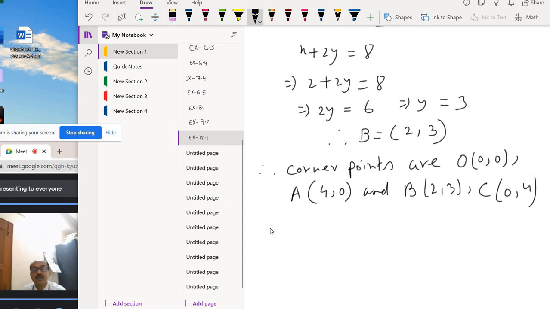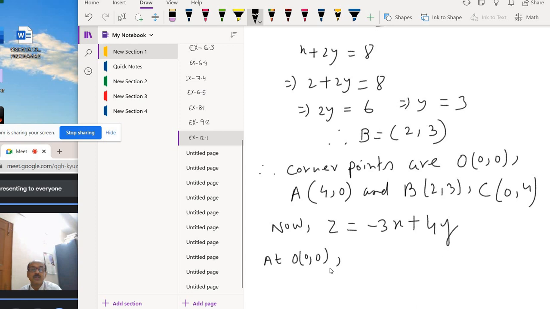So now the objective function is z equals minus 3x plus 4y. At O, 0, 0, z equals 0.